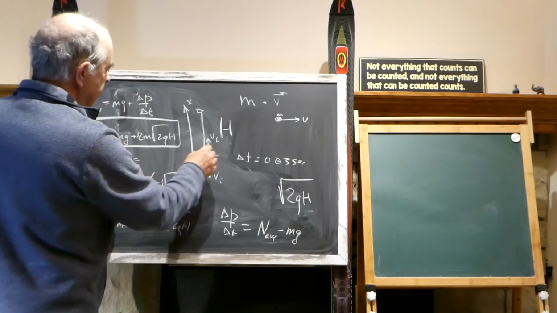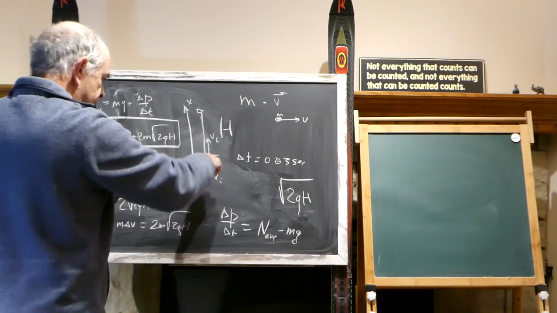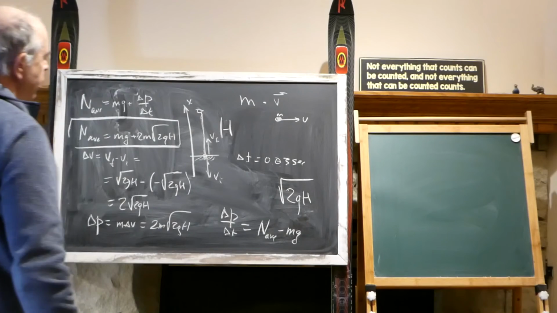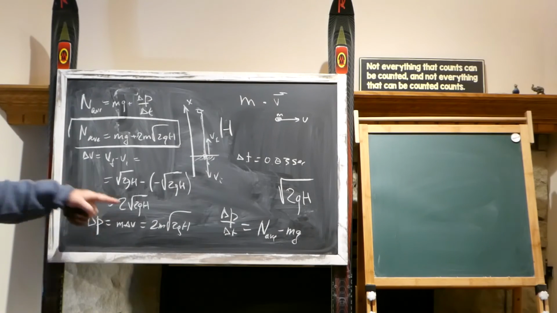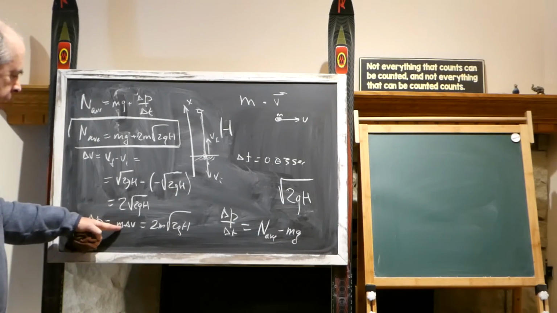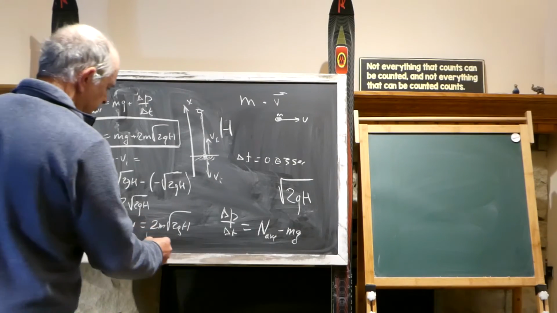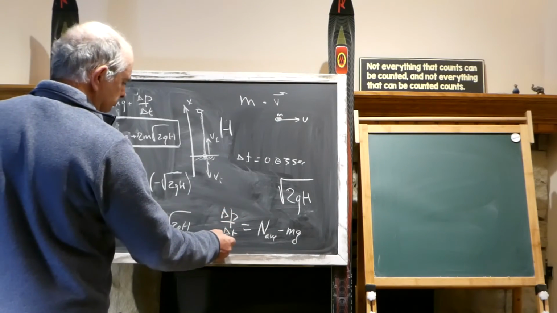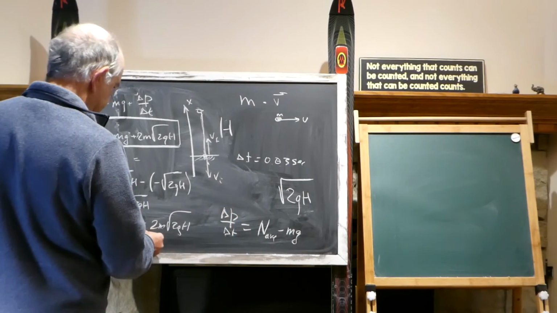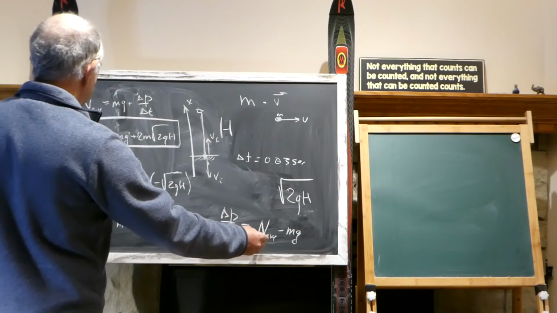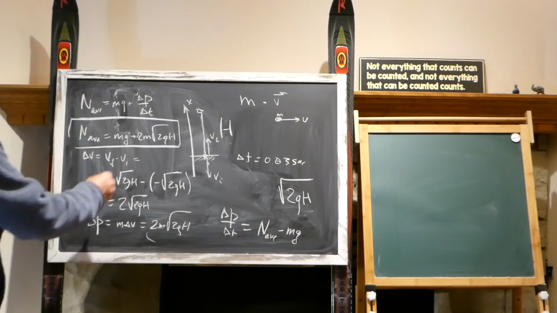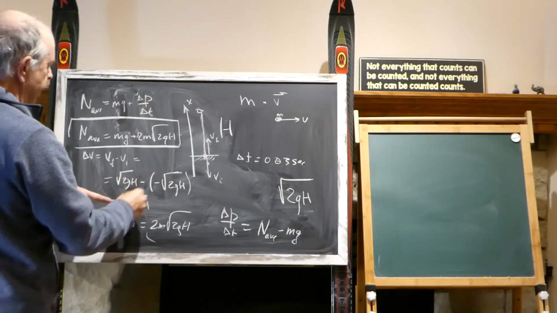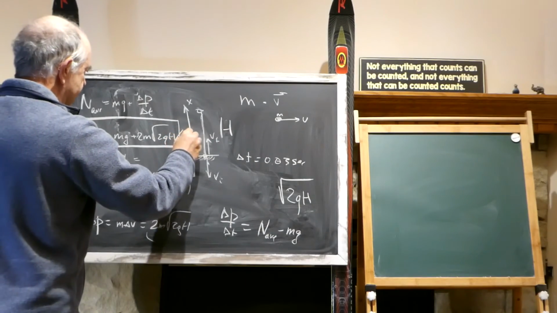And v initial is directed down, so it should be taken with minus, and thus it would be 2 square root of 2gh, a double. So we know delta p, mass multiplied by this, and this is a known value. Mass is given, h is given. And then we have to plug in delta p over delta t. Delta t is given, delta p is this, we know. And N average would be this, and of course I forgot to divide delta p over delta t. Here I put delta p correctly, but I forgot to divide by delta t. Alright.